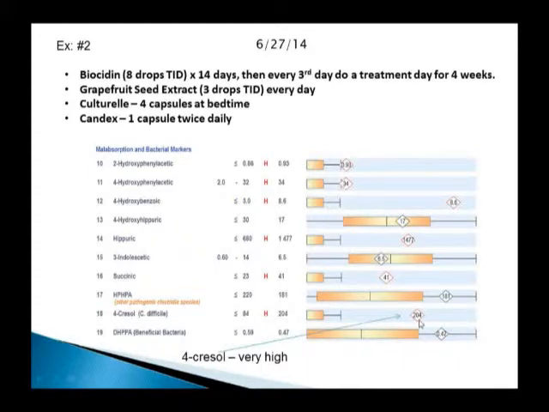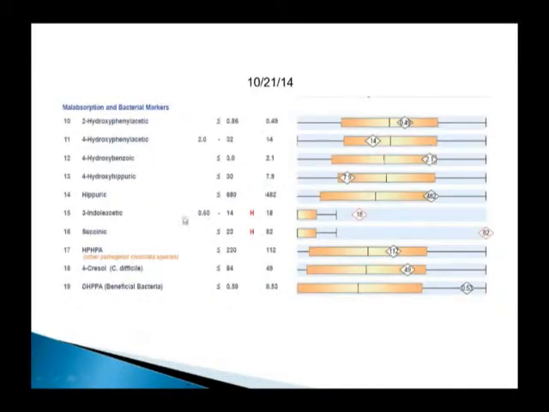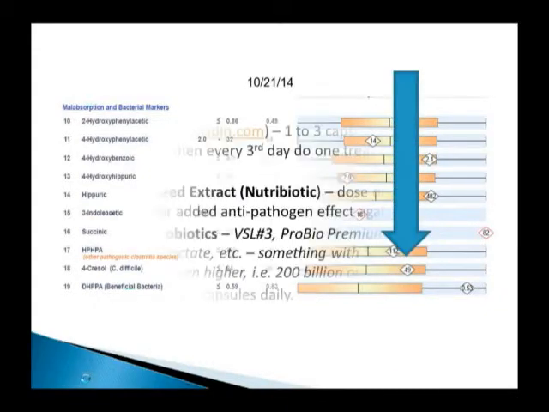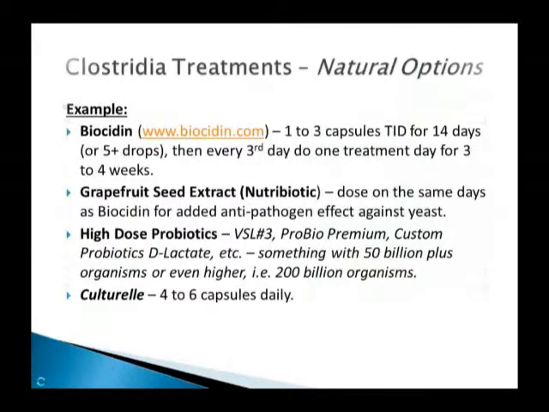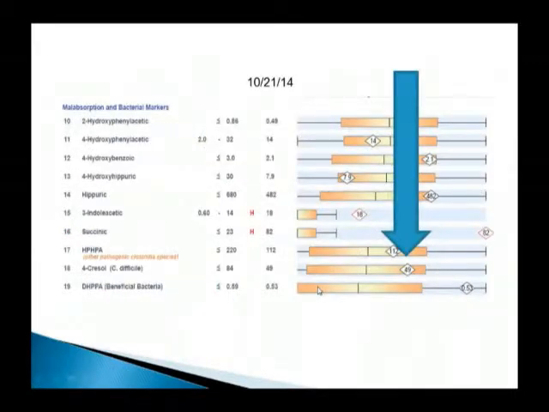But we're focusing right here on 4-cresol, which is sitting at 204. After doing that, the 4-cresol normalized, and we saw a nice shift in these other markers as well.